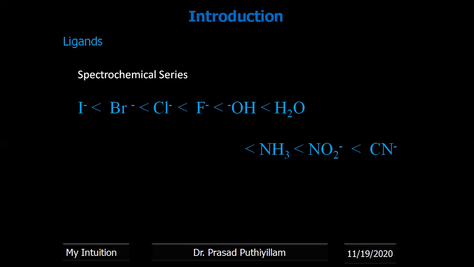Whenever you solve a question paper, in most cases these ligands will come. Therefore, you should remember this: I minus, Br minus, Cl minus, F minus, OH minus, H2O, NH3, NH2 minus, CN minus, in which I minus is the weak field ligand, then it increases in order, and CN minus is a strong field ligand. In coming classes, I'll be using the words strong field ligand or weak field ligand, so you should remember this order.